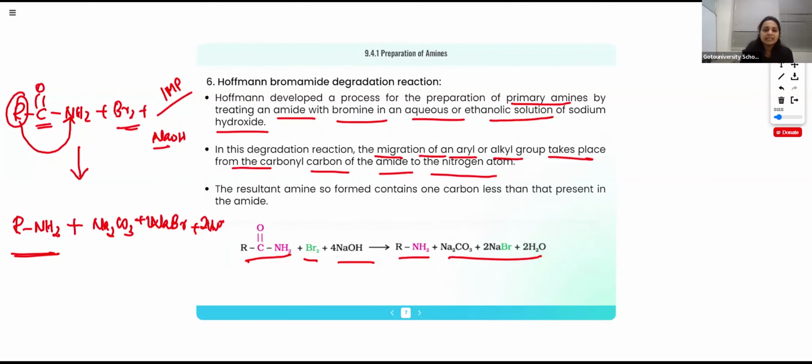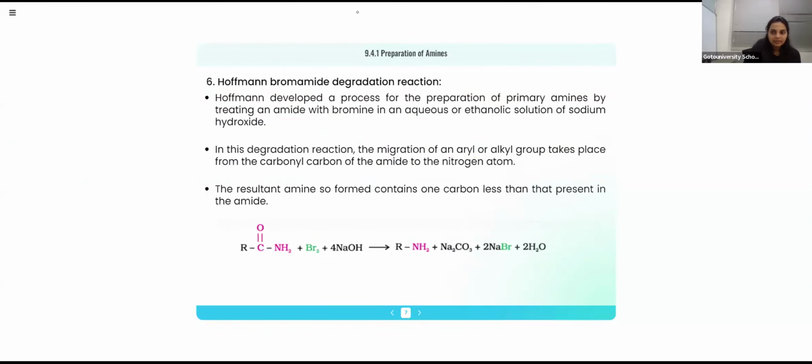The resultant amine so formed contains one carbon less than that present in the amide. Why? See, one example. I'm taking this compound, CH3CONH2. This is the compound, right?